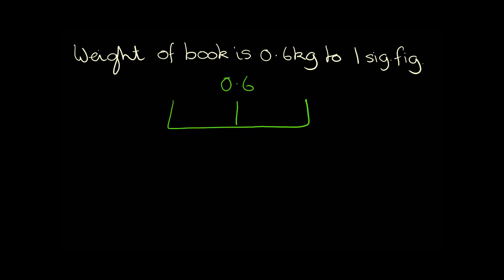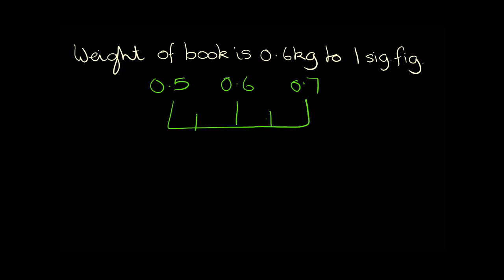So remember, with significant figures, zeros don't count. So 6 is that one significant figure. So in other words, this has been rounded to the nearest tenth. So this time we're going to go up 1/10 to 0.7 and down 1/10 to 0.5.